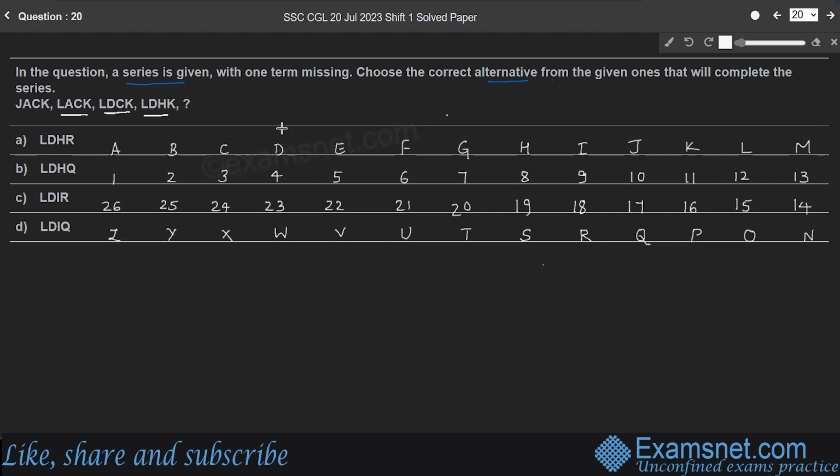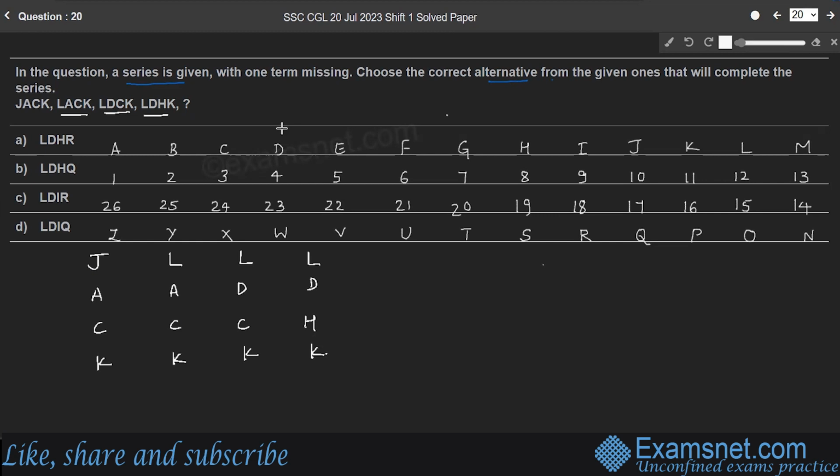So consider the first one, JACK. The second cluster is LACK. The third one is LDCK. Then LDHK. We need to find the fifth cluster.